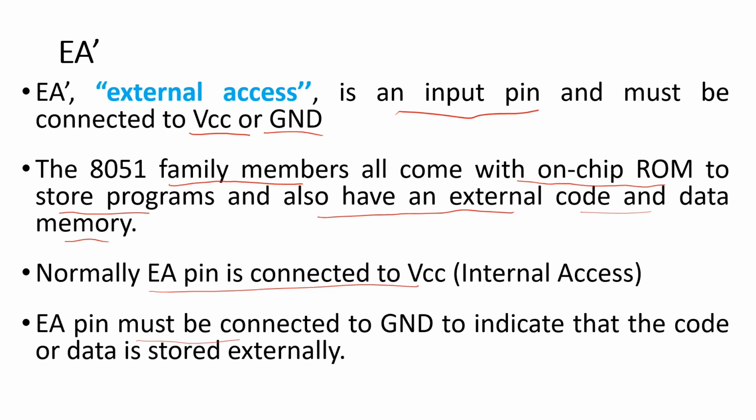The EA pin must be connected to ground to indicate that the code or data is stored externally. Since it is named EA bar, I have to connect it to ground such that 0 bar results in 1, indicating that you are accessing the external memory. So the name is external access.